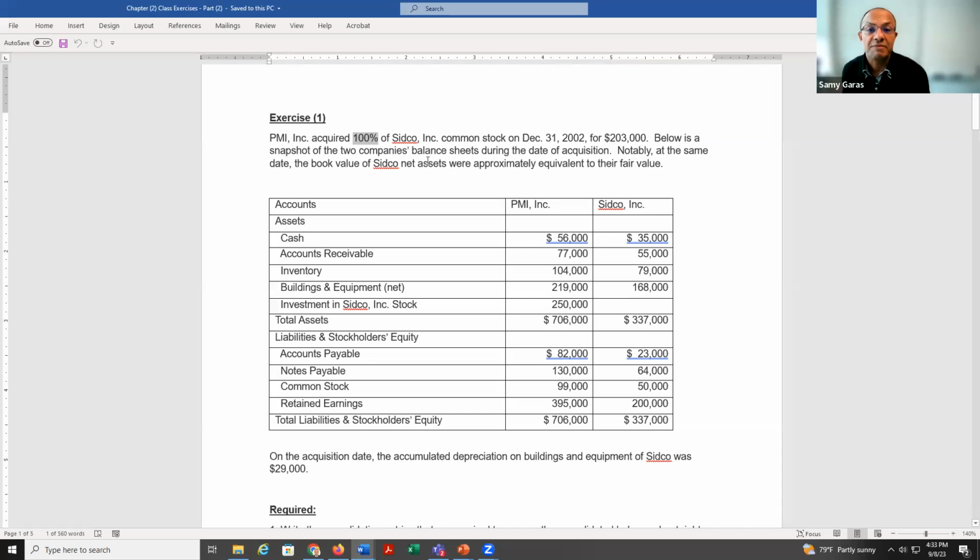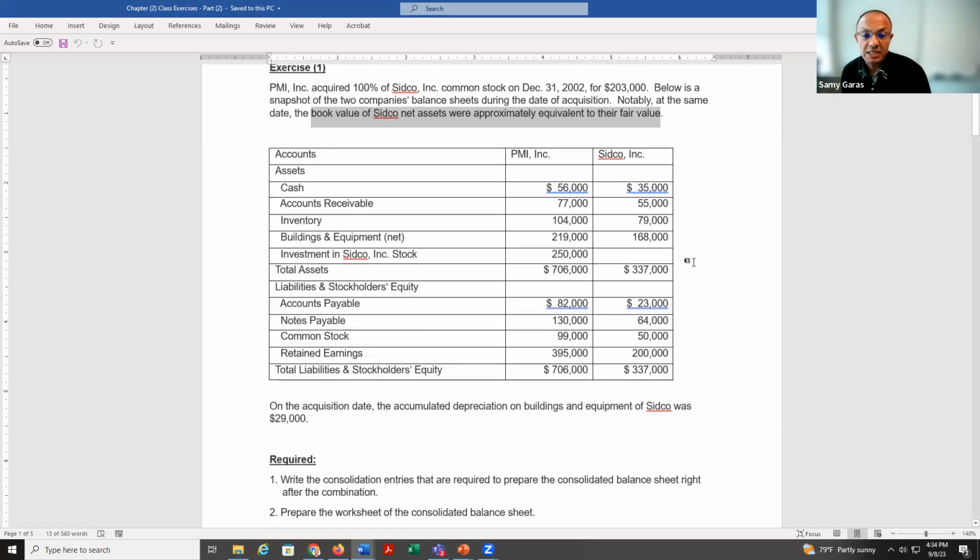And the fair value and the book value are equal. So here, book value is equal to the fair value of the subsidiary. What does it mean? If the parent company doesn't have any difference between the book value and the fair value of the subsidiary, it means the parent company will not recognize any goodwill or bargain purchase.